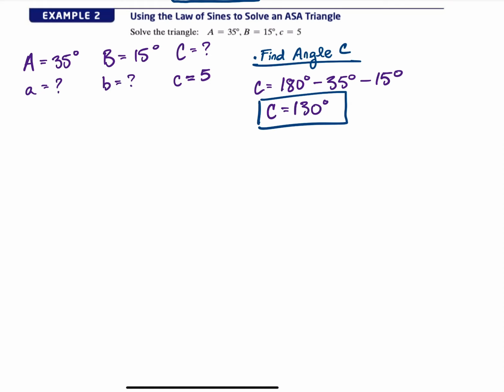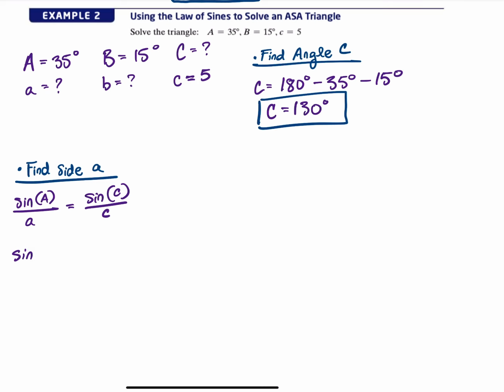Now let's try to find side length A. We know our angle for C and side length C, and we know angle A, we just don't know side length A. So let's build a law of sines statement using A and C. We can say the sine of A over A should equal the sine of C over C. So we can plug in what we have.